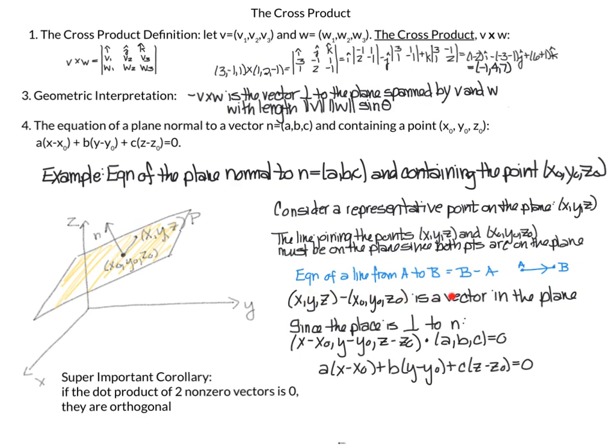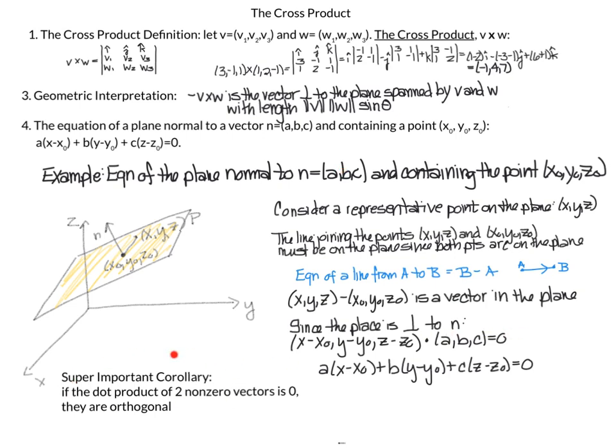And this equation is this line segment, or it's a vector. It defines a vector in the plane. And since the plane is perpendicular to the normal, this vector, which is x minus x naught, y minus y naught, and z minus z naught, dotted with our normal vector A, B, C is equal to 0.